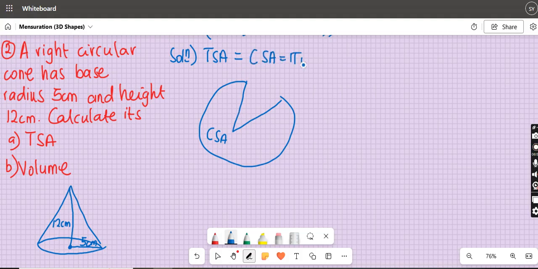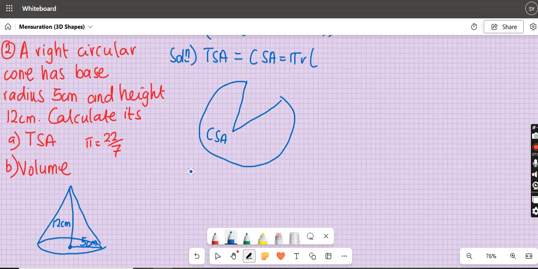And the formula is pi r L. All right. Let's assume that we are given pi to be 22/7 in our question. Most of the time, they will define pi for you, either 22/7 or 3.14.